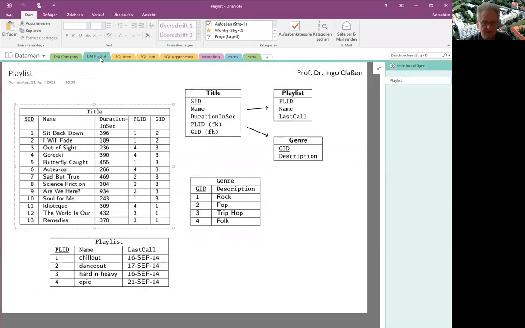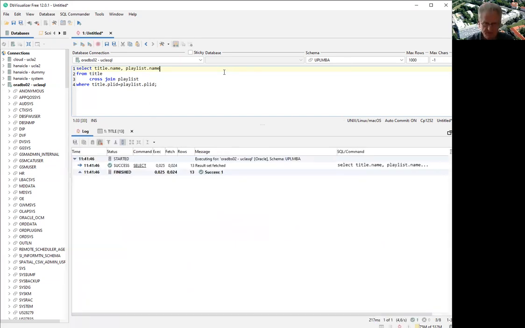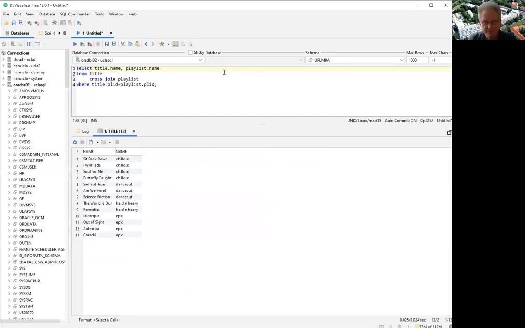The name is also duplicated here. So we have to say title.name, comma, playlist.name. So let's execute it. And now we have it. Now we have combined the information from the two tables and see the corresponding value in the output.